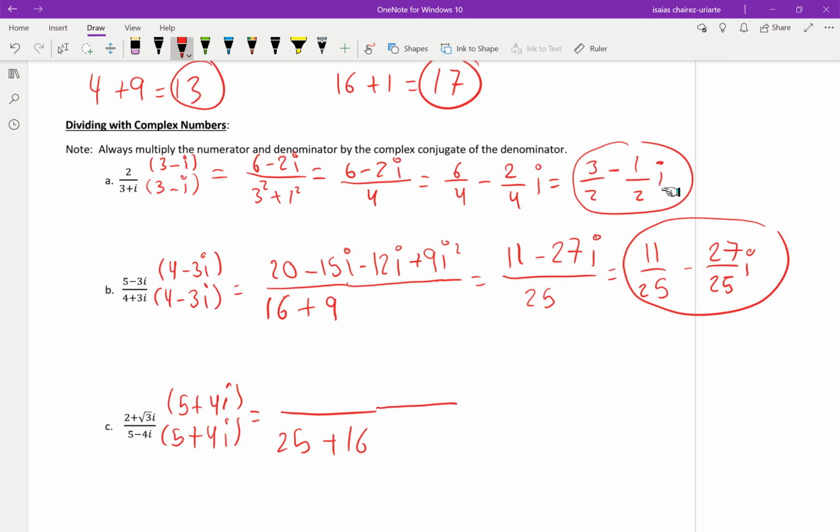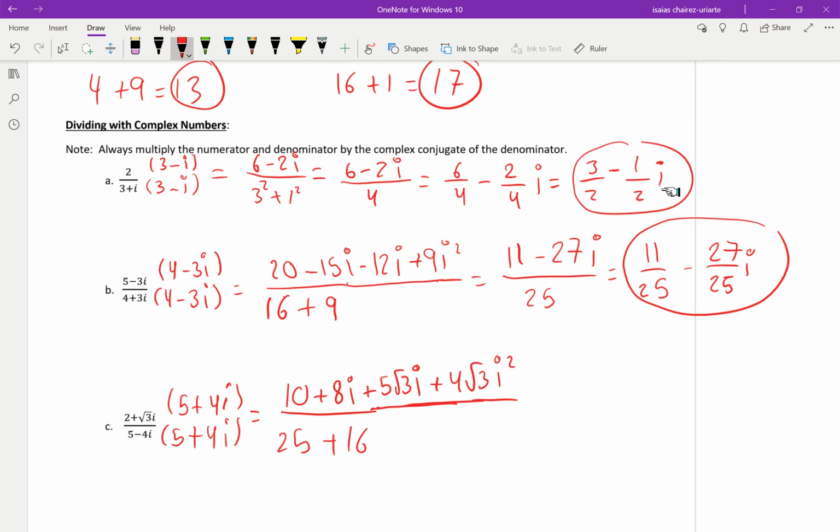That's okay. Let's see. So my numerator is going to be 10 plus 8i plus 5 square root of 3i plus 4 square root of 3i squared.